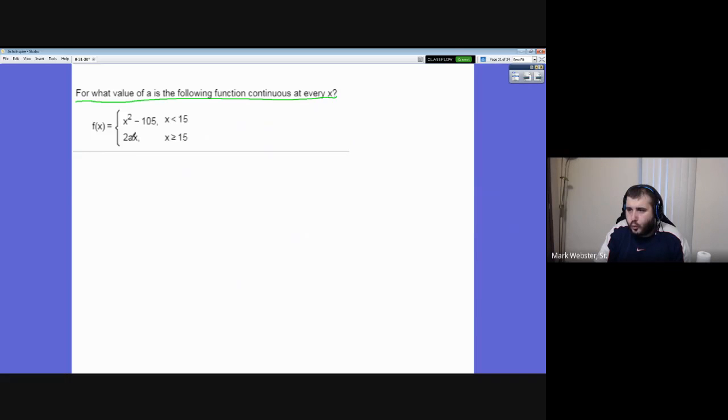So when is A going to make this one match this one, right? That's all they're saying. So really what they're saying is, let x equal 15. What is A so that the two branches are the same?